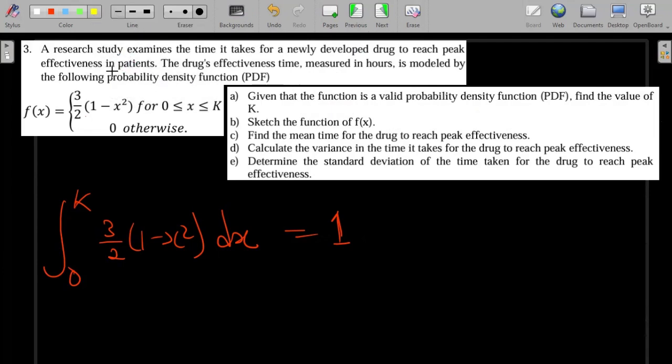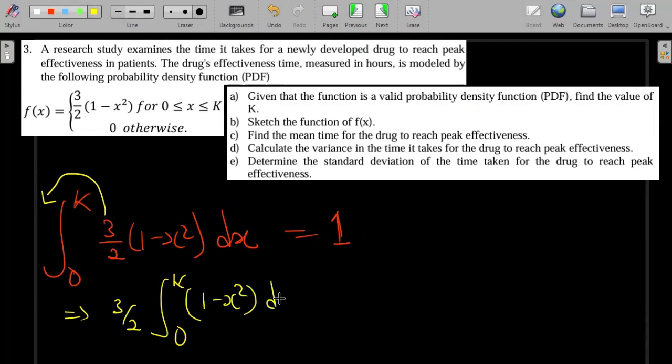Okay, by the laws of integrals, we can move this 3/2 to the front. So what we have will be 3/2 times the integral from 0 to k of (1 minus x squared) dx, and this should be equal to 1. I'll continue from here: 3/2, and then let's integrate.